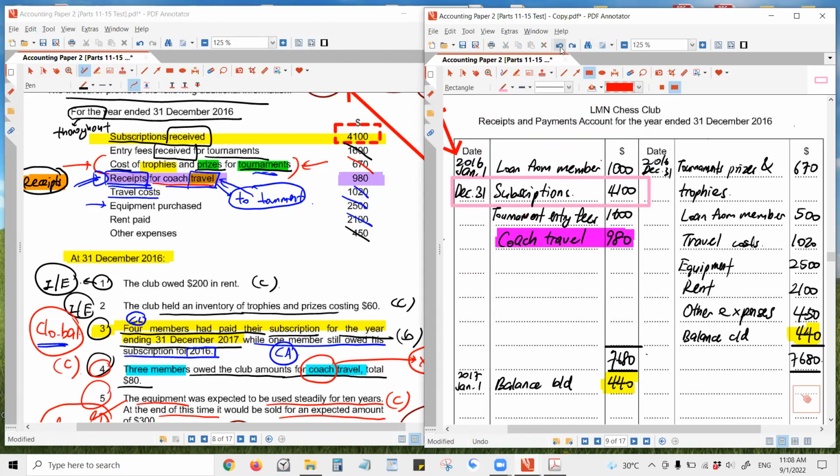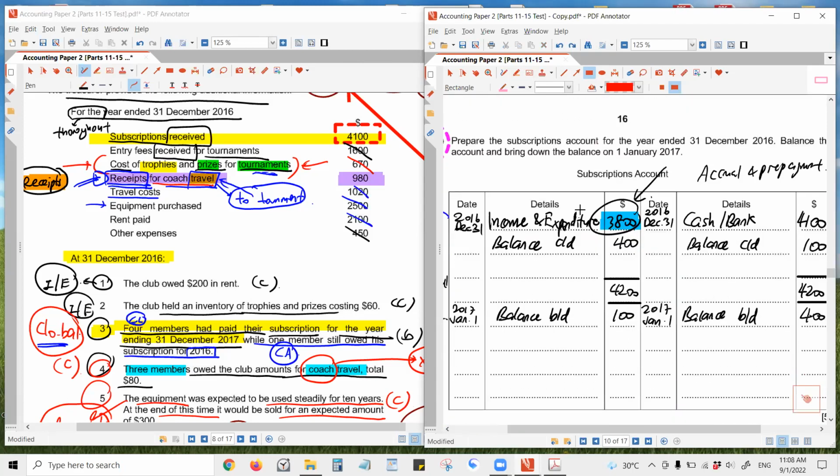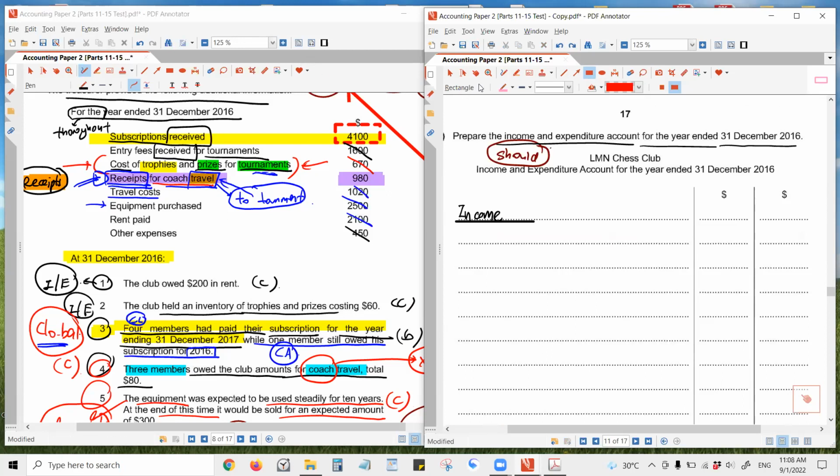You can get the amount for subscription from part B. The $3,800 is the amount that you should receive for the current year. So pick up this amount for subscription. Come to here, you write, so begin with this one.